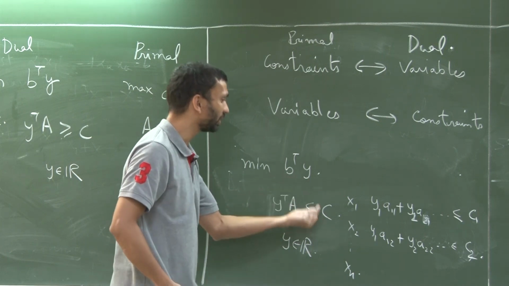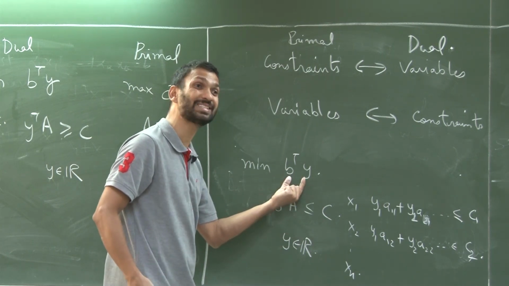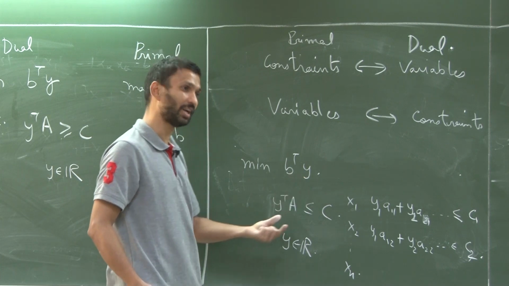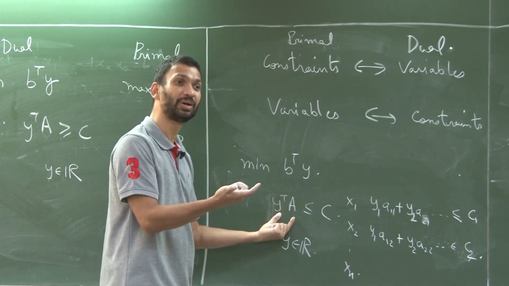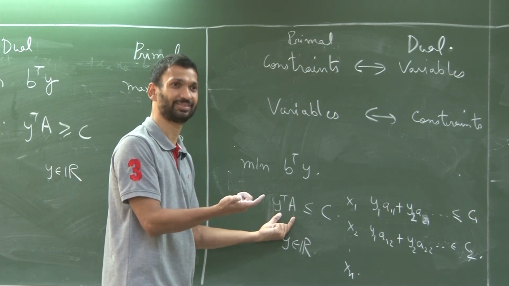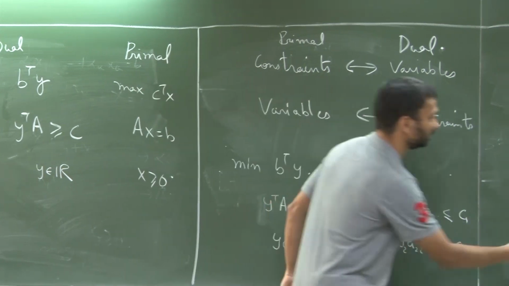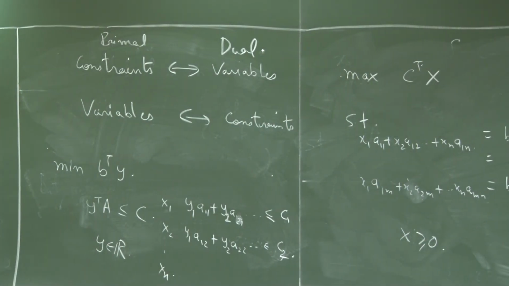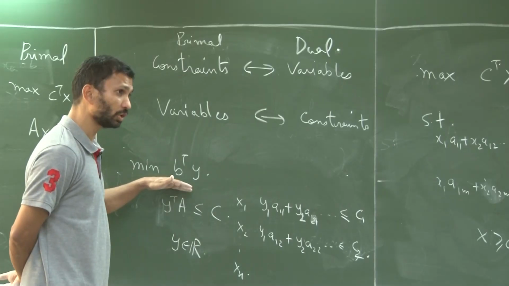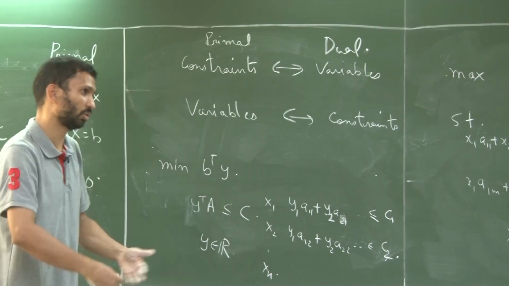I want C transpose x to be less than B transpose y. And that will only happen if I multiply the inequalities with a positive thing. So I want x greater than or equal to 0, because you want a lower bound. That is the whole premise.